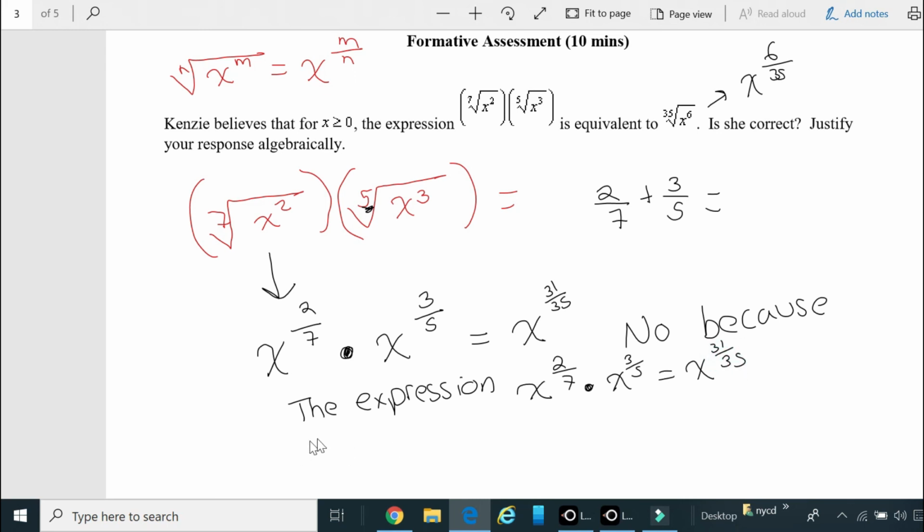So therefore, x to the 31/35 is not equivalent to x to the 6/35.